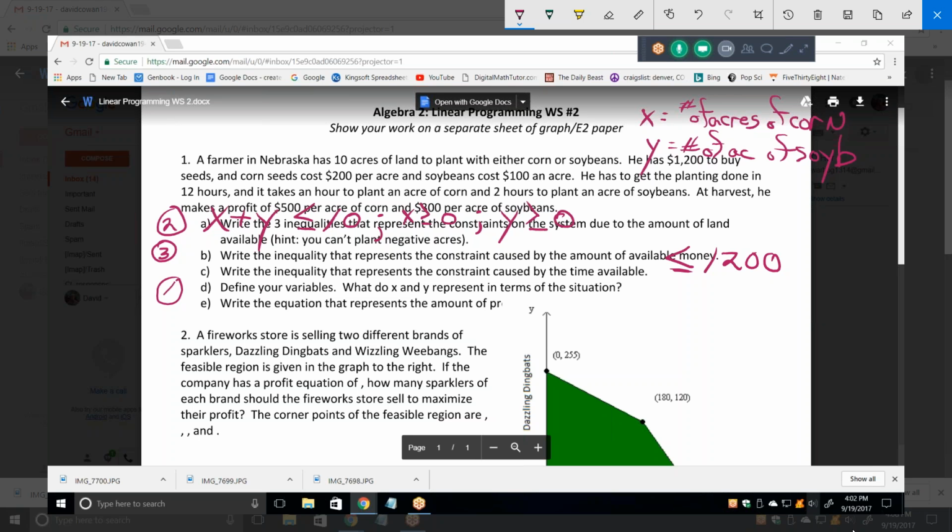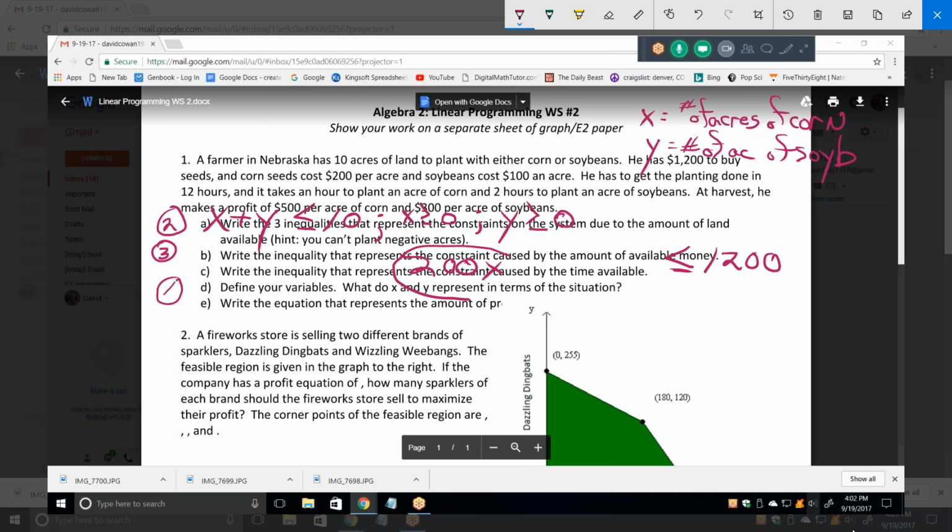What's the total amount that he's going to spend on corn? $600. No, we don't know yet. Put it in terms of a function, a variable. We know he's going to plant X acres of corn, and each acre costs $200 in seed. So how about 200 times X?